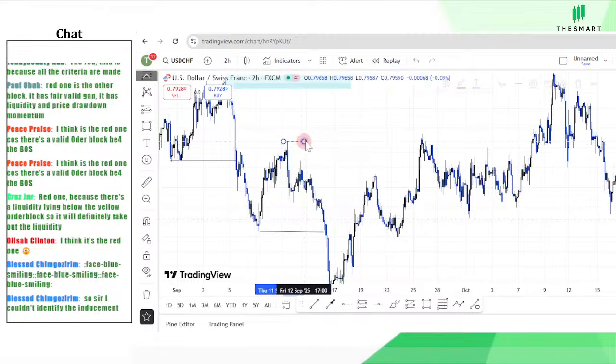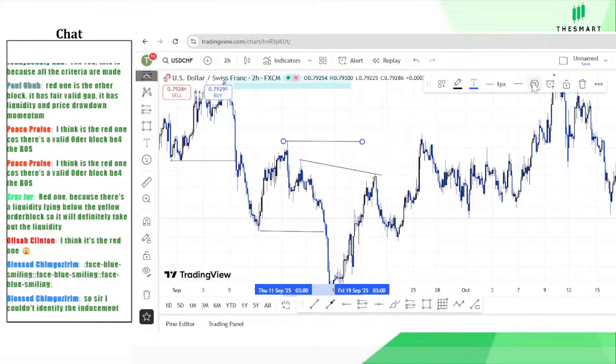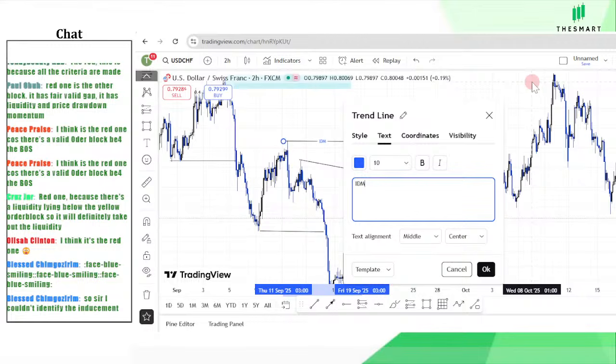This is an inducement zone we want to see price take out, because we don't have any sufficient supply zone or order block for us to take a sell from. So what we have here is liquidity, and what we also have here is liquidity. This is liquidity, and this is our inducement here. We have this as our inducement.